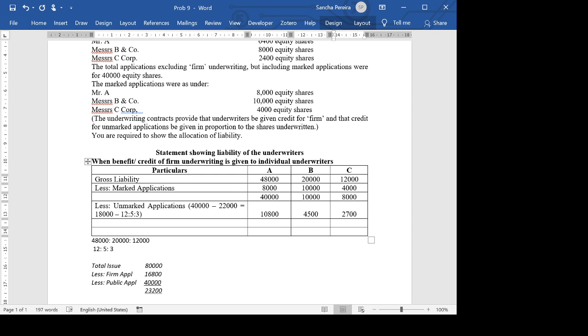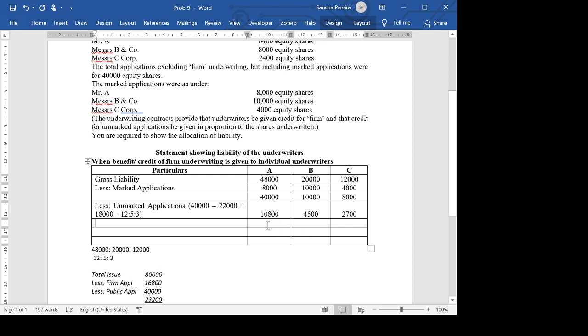How do I do this? 18,000 divided by 20, where 20 is the total of 12 plus 5 plus 3, into 12, into 5, into 3. So that comes to 40,000 minus 10,800 will be 29,200. 10,000 minus 4,500 will be 5,500. 8,000 minus 2,700 will be 5,000.